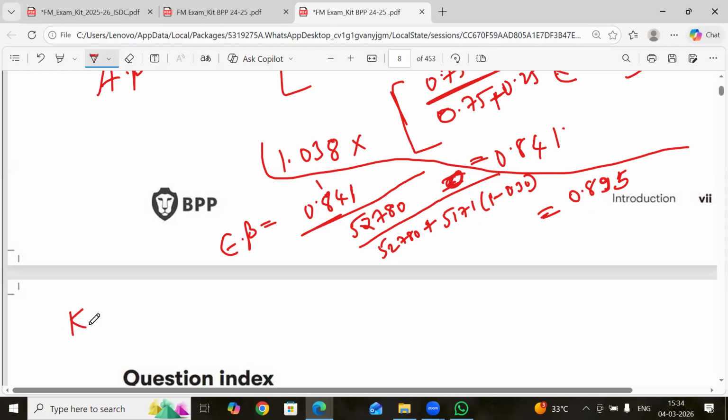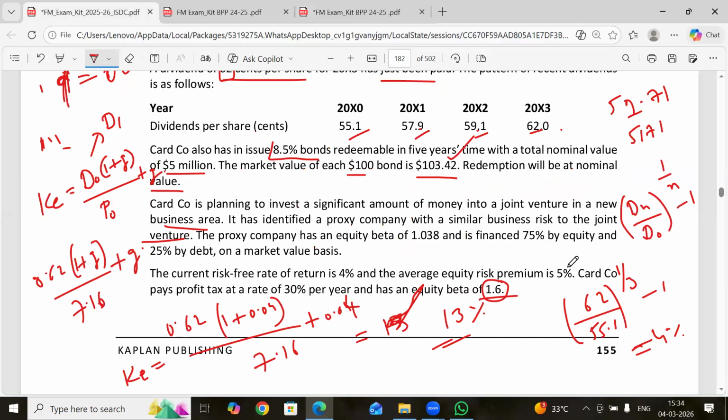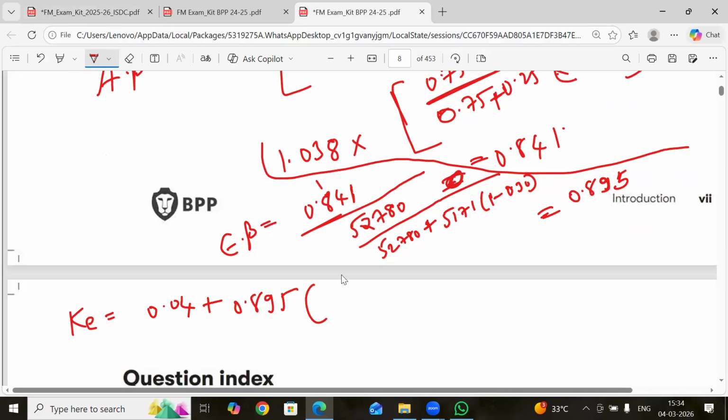Cost of equity is equal to 0.04 risk-free rate plus 0.895 project specific beta into market risk premium, which is given to you. That is 5%. You will get the answer. Please do this and tell me the answer.